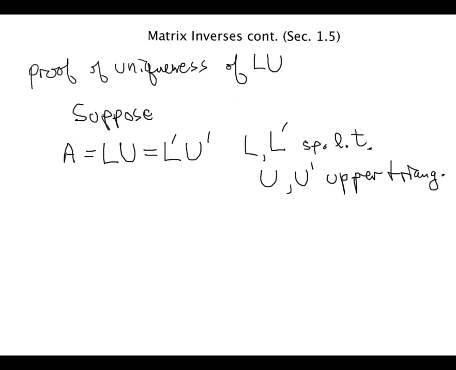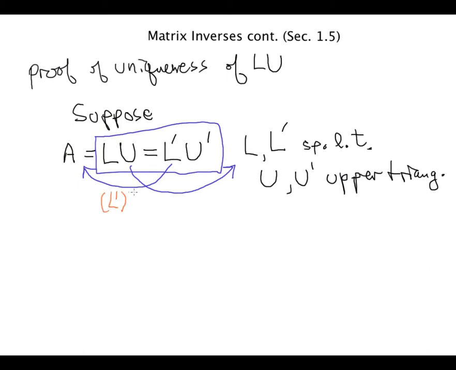Well, if you take this equation and you bring the L prime to the left-hand side and the U to the right-hand side by taking inverses, what do I do here? I multiply both sides of this equation by L prime inverse, and here I multiply both sides of this equation by U inverse.